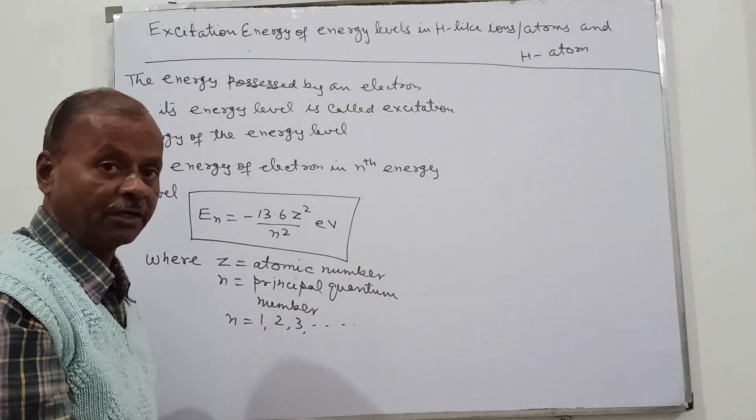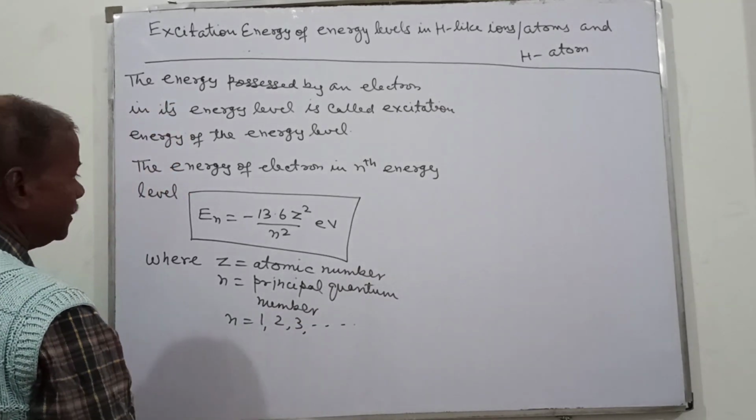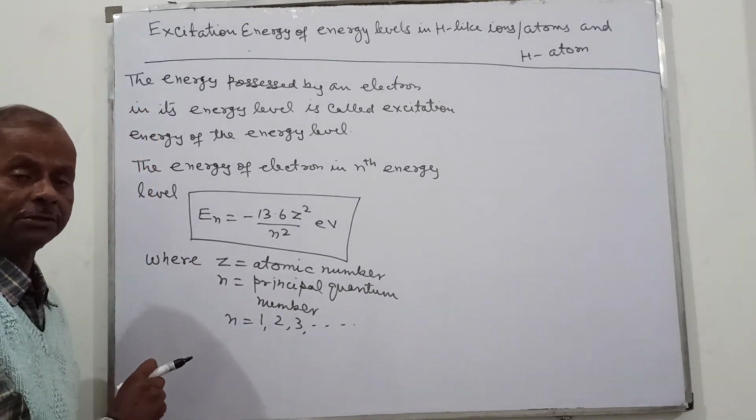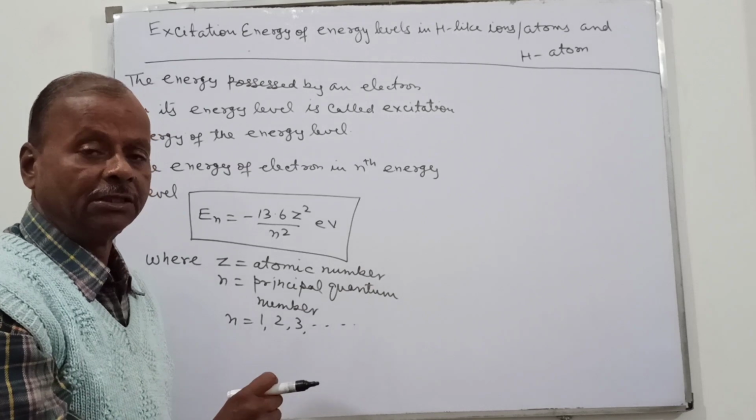So this is the natural number. The minus sign indicates that the electron is bound to the nucleus in the energy level.